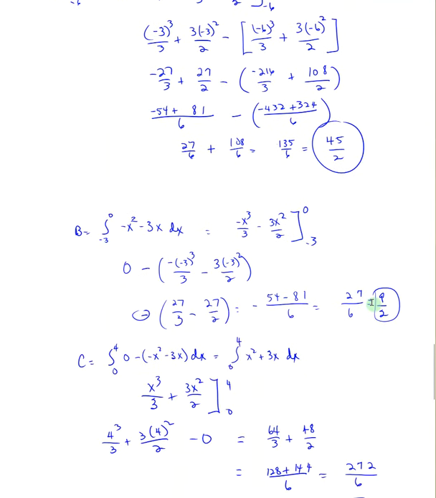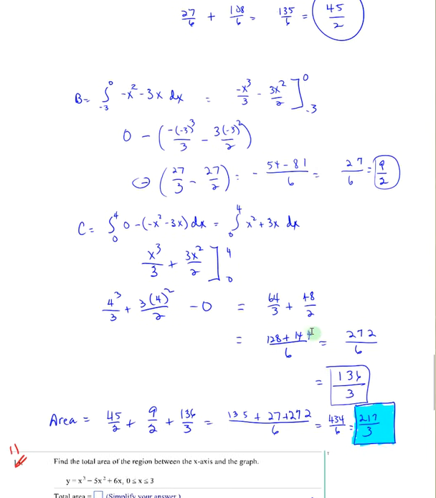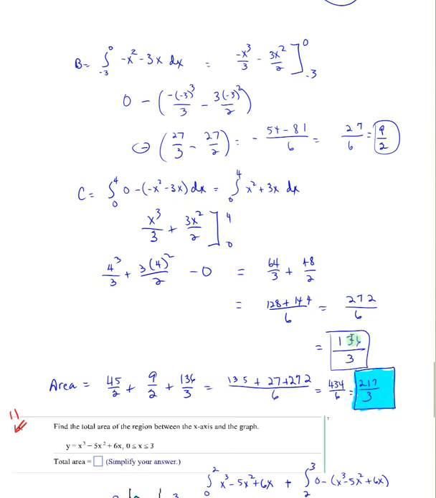You do the b part, and you get 9 halves. And then you've got the c, and you get 136/3. So here's your 3 parts. This was all just computation. We add those together, common denominator of 6, reduce it, and you get 217/3.